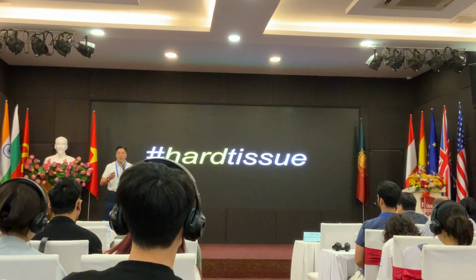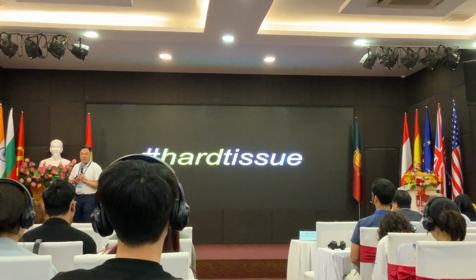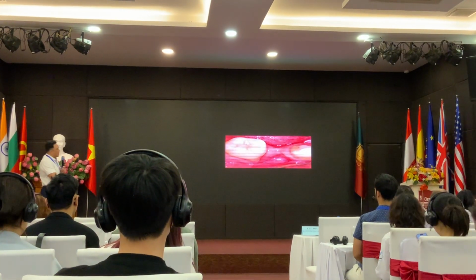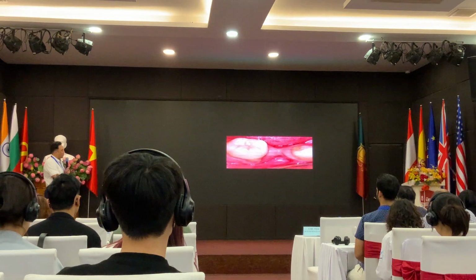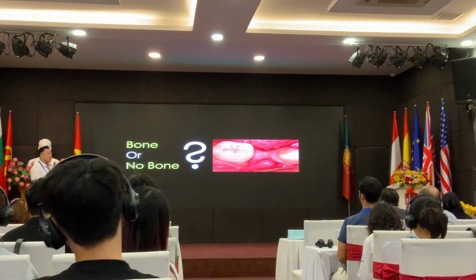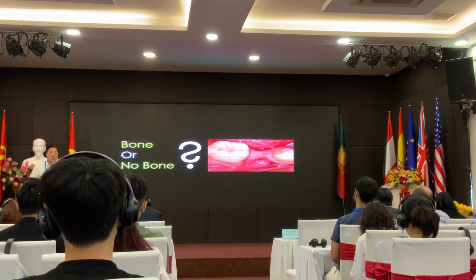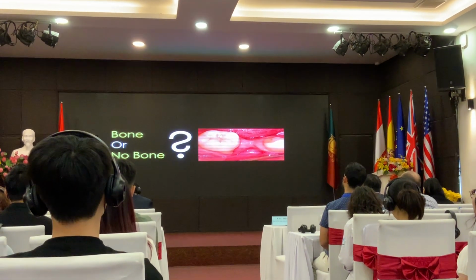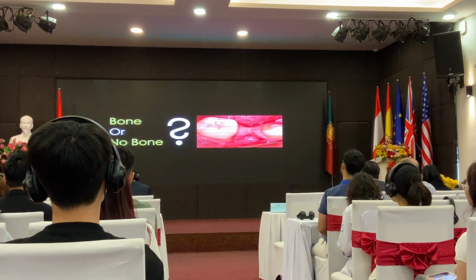It's probably a mucogingival defect, a soft tissue defect there. So we want to understand some of the principles. Looking at it from a photograph, you can see the defect there, and it's a pretty large defect. You would ask yourself, is there or is there no bone? Just by looking clinically, you may assume that there's no bone, right?